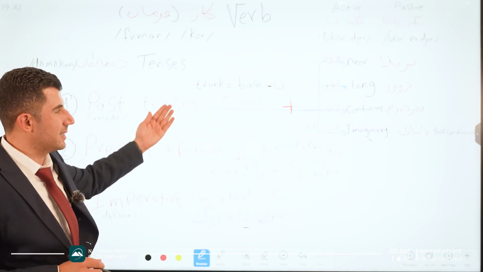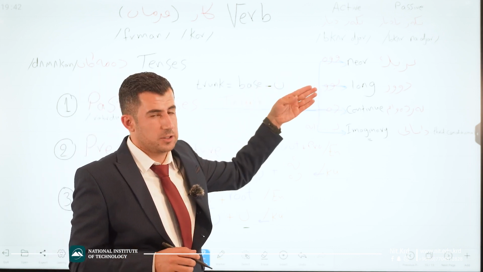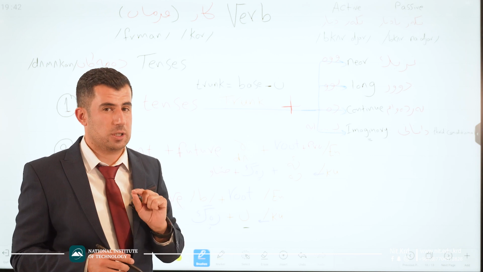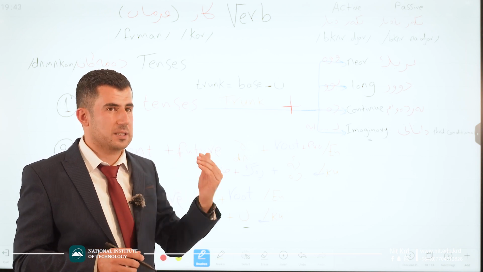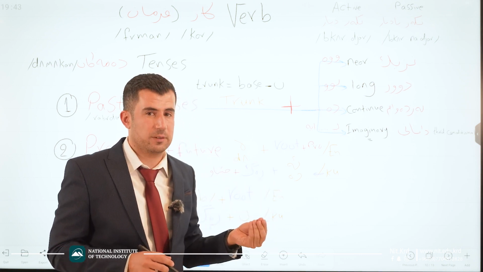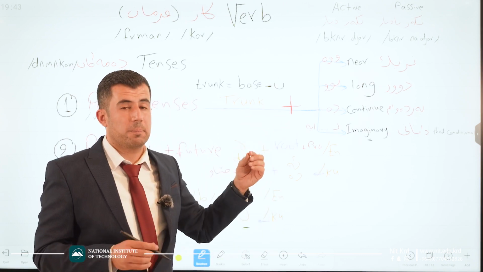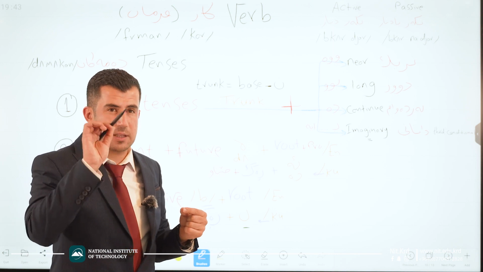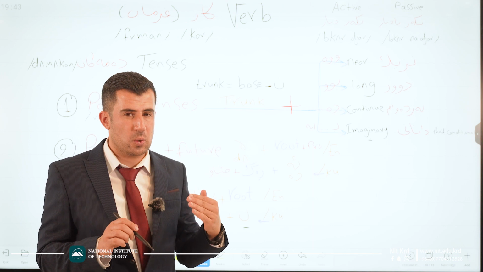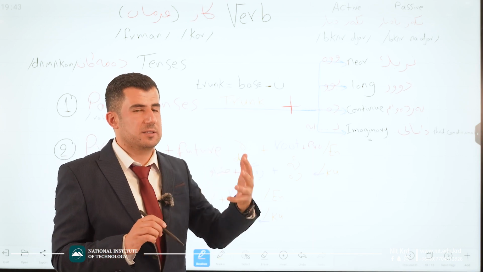Past tenses consist of four types, but they are not like the English language. They are not past continuous, past simple, no. We have different names for them. But I translated the Kurdish words to English in order to show how we divide this.